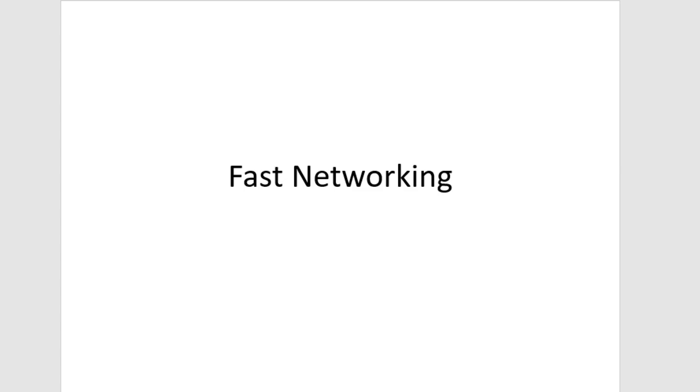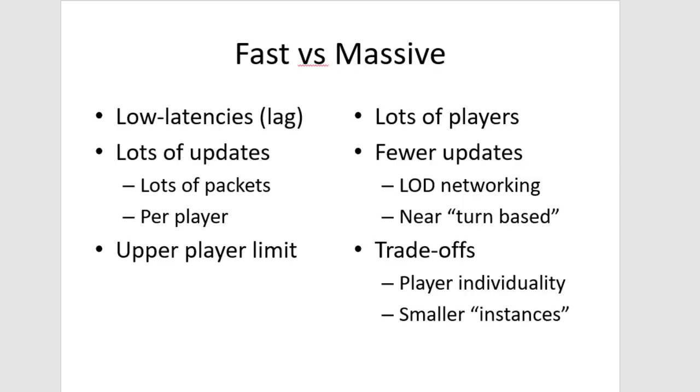So I'll start first by just defining the difference between what I mean by fast networking versus, say, slow or massive networking. That's really the difference between, say, an FPS and an MMO, right? And so on the fast side, which is to the left here, we're worried about low latencies and lag. We're worried about having responsiveness of the game, feeling like it's an action game usually.